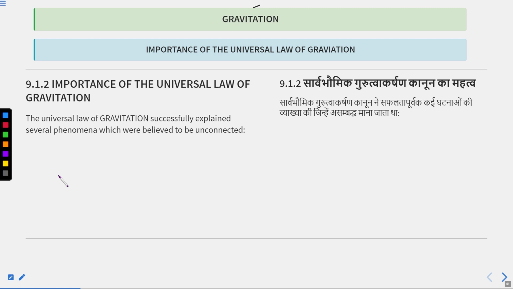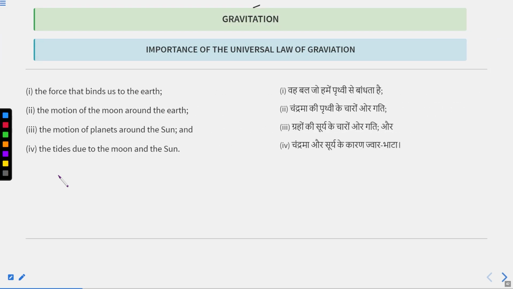There are other phenomena also, like why high tides form in the sea, and the reason is also gravitation, which we are going to learn about. So these are the importance of the universal law of gravitation.